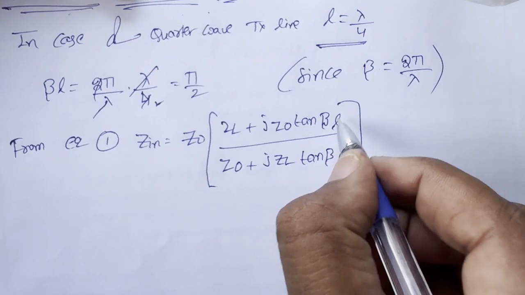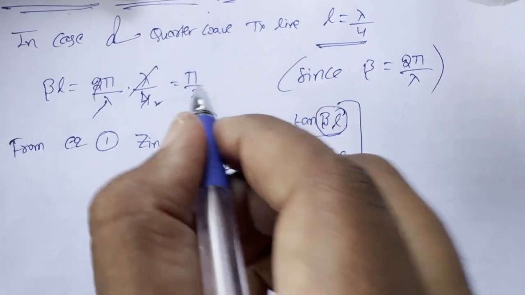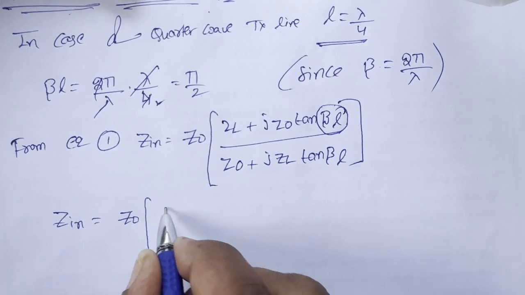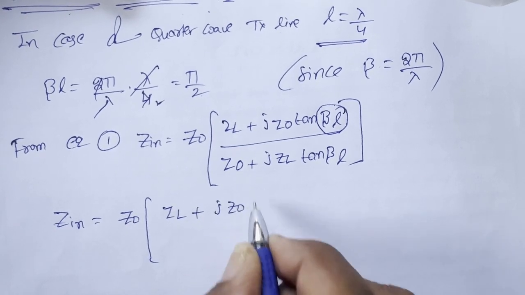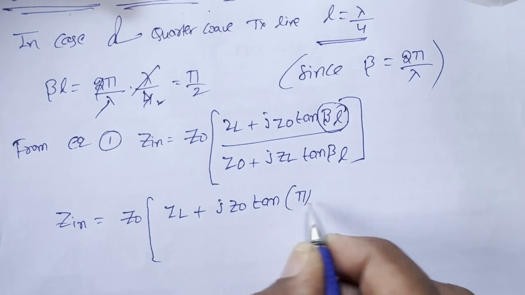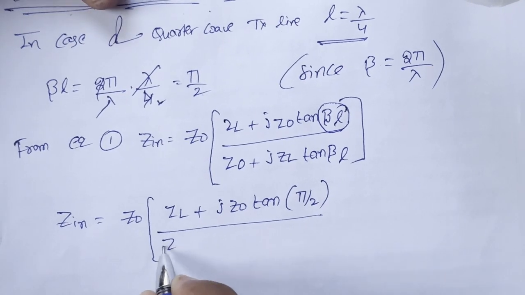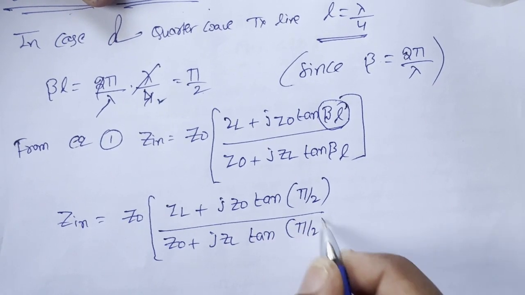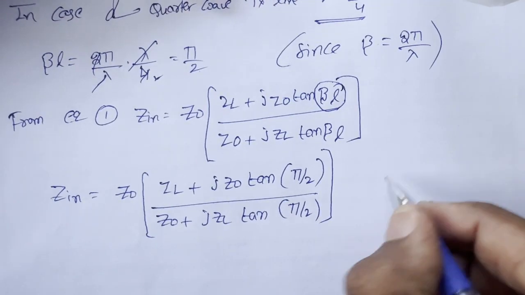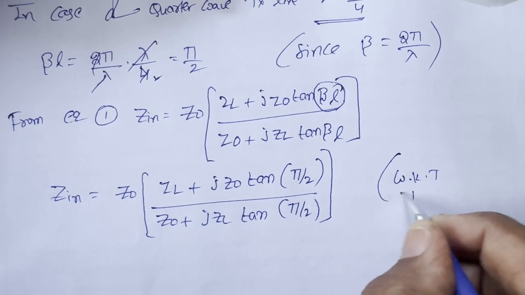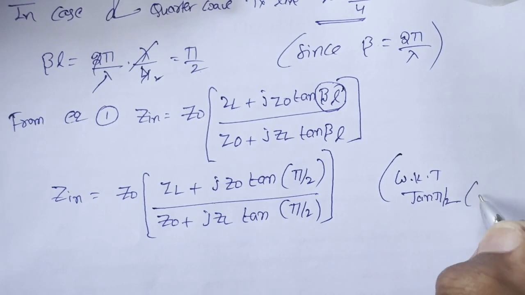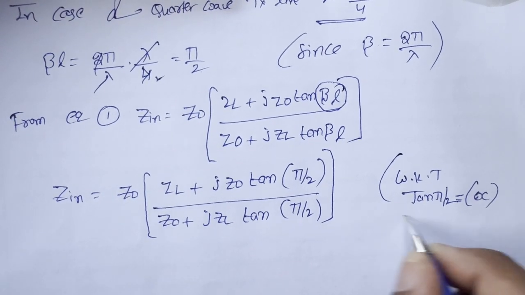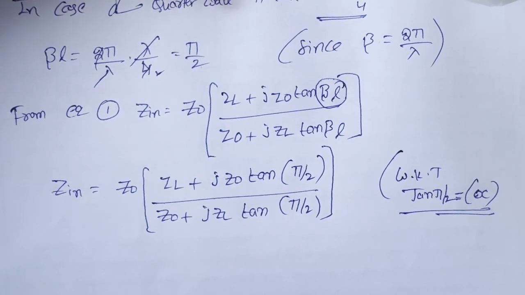Now I am substituting pi by 2 instead of beta L. So Zin is equal to Z0 into ZL plus jZ0 tan pi by 2 by Z0 plus jZL tan pi by 2. Here we know that the value of tan pi by 2 is infinity.